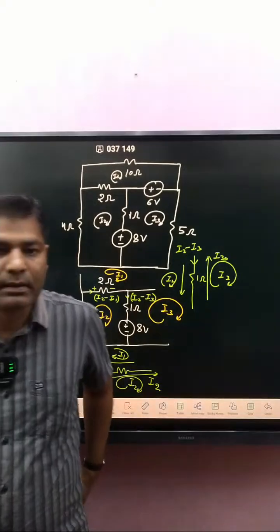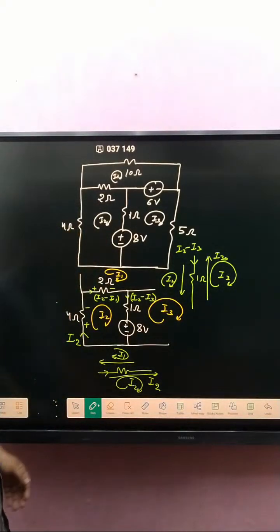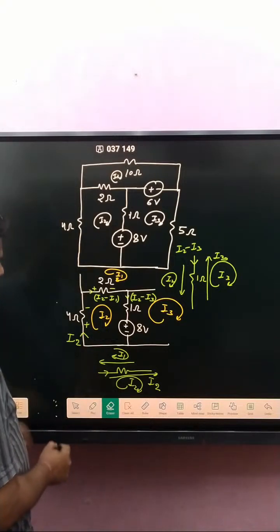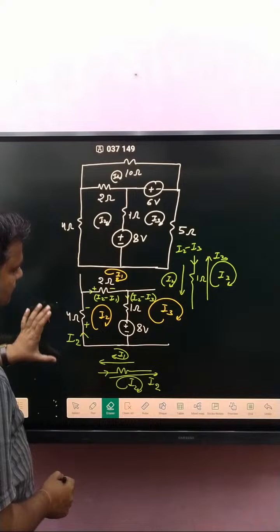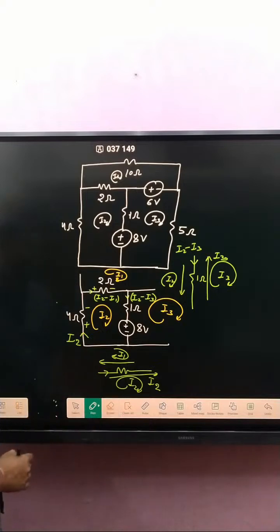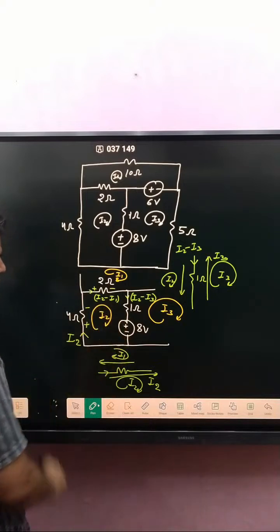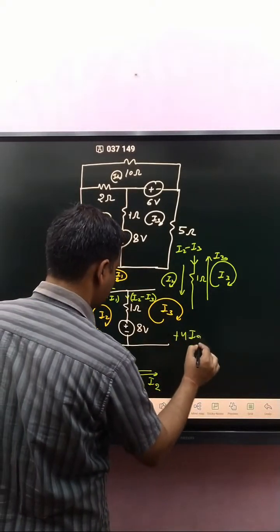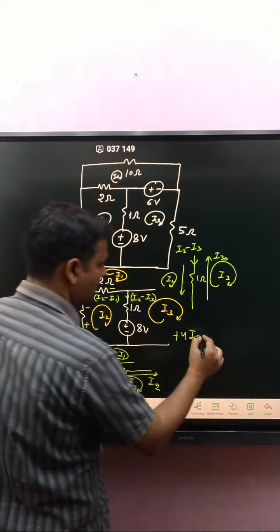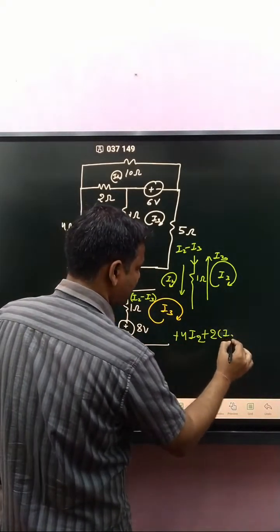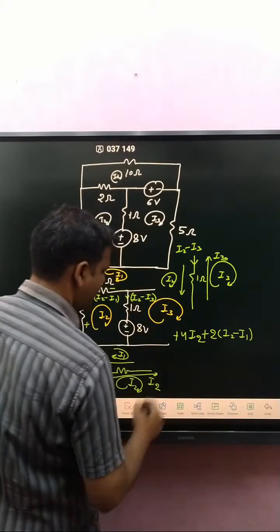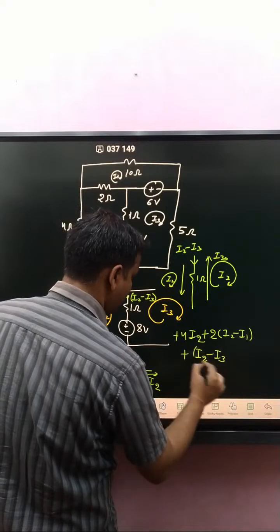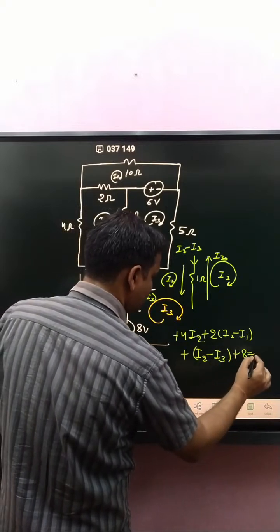After that, apply KVL in this loop. Then we get plus 4 I2 plus 2 (I2 minus I1) plus (I2 minus I3) plus 8, this is equal to 0.